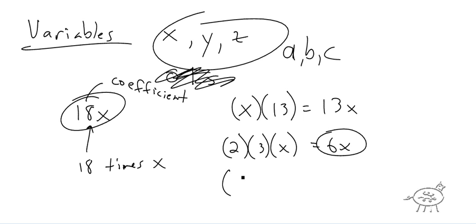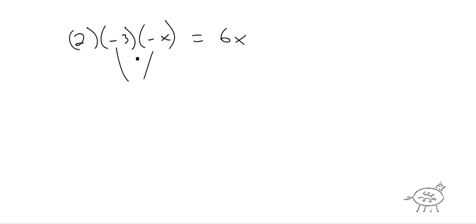So, for example, let's start a new page here. 2 times negative 3 times negative x. You've got two negatives, so I know it's going to become positive. You can just look at it and say, 2 times 3 is 6, times x is 6x, and it's two negatives, so it's positive 6x.